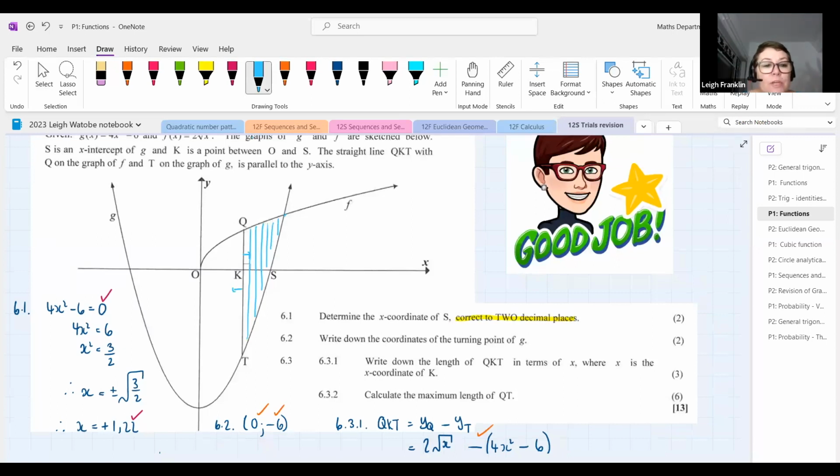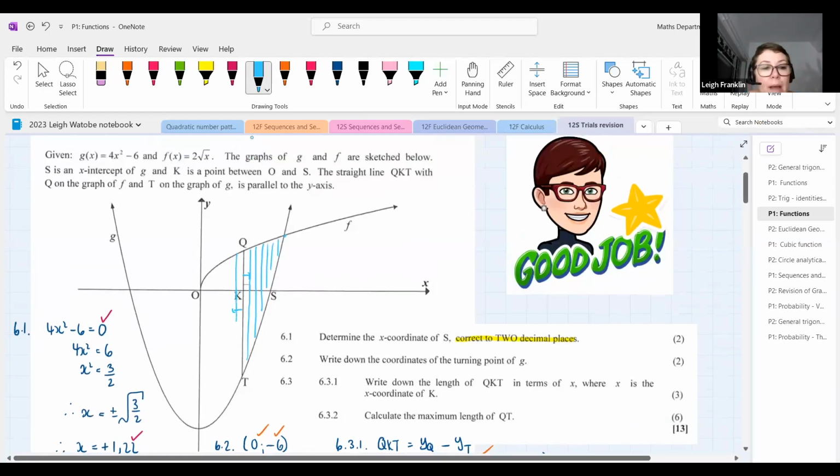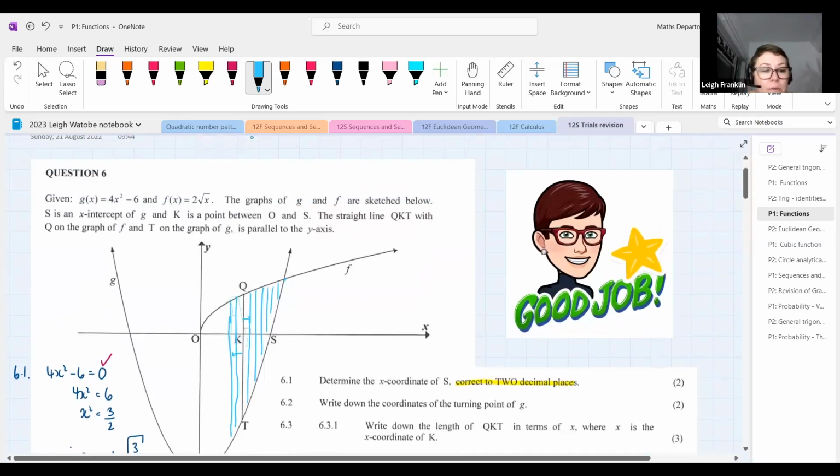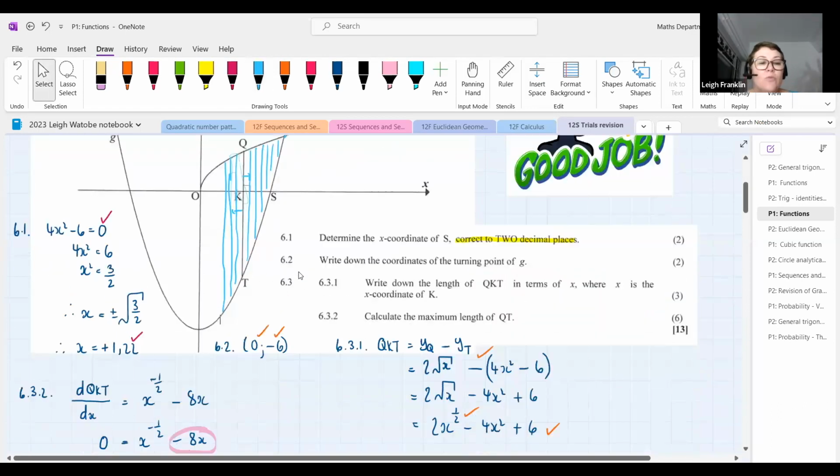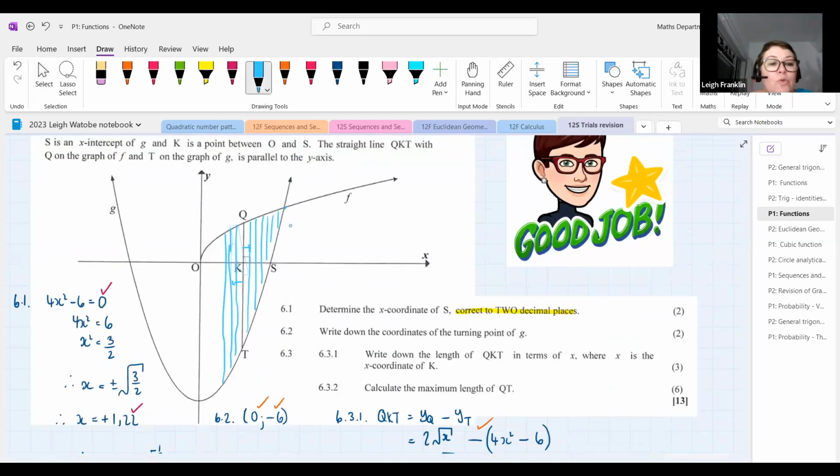If I move QKT over to this side, perhaps over here it's longer, and then longer still. So I want to find out when the distance between this bit over here and this bit down at the bottom is at a maximum.